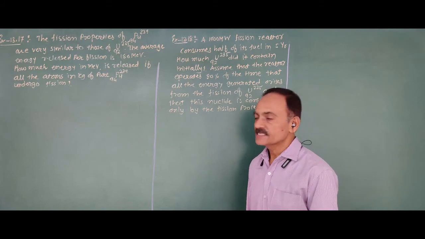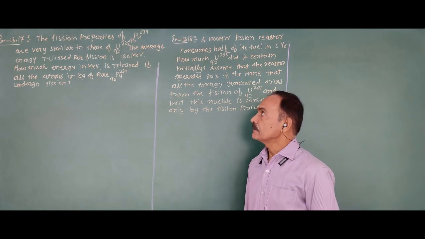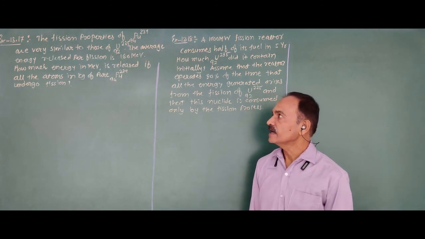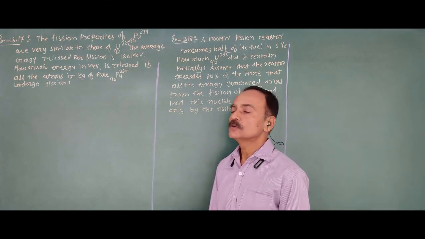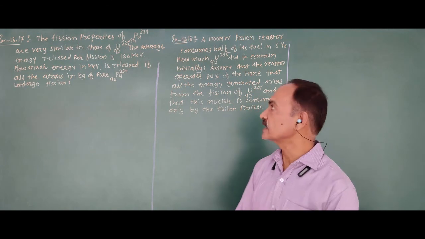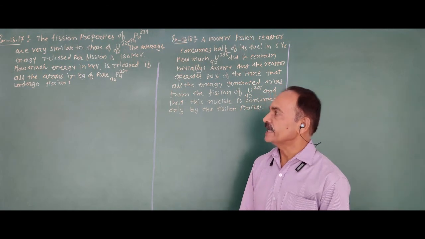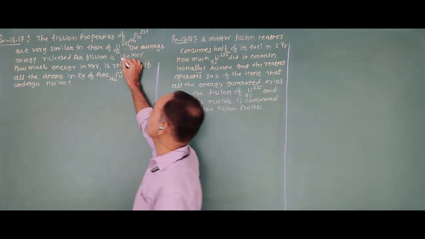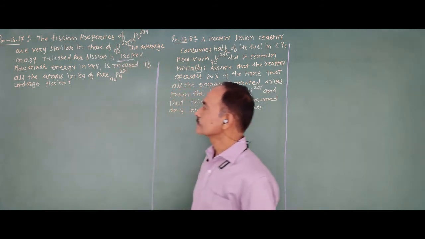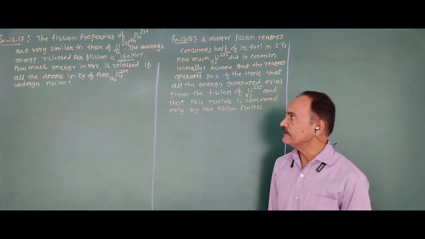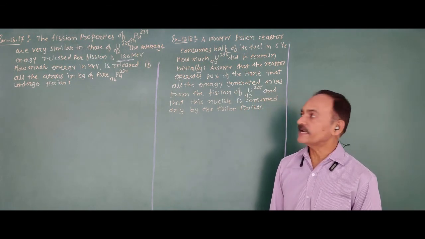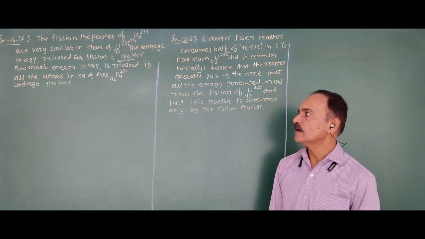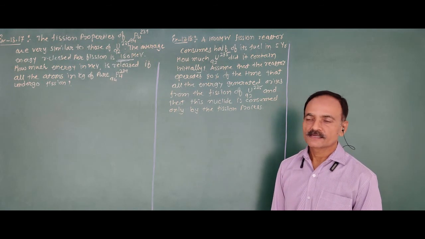Now the next numerical is 13.17. The fission properties of plutonium 94 239 are very similar to those of uranium 92 235. The average energy released per fission is 180 MeV. How much energy in MeV is released if all the atoms of 1 kg pure plutonium undergo the fission?